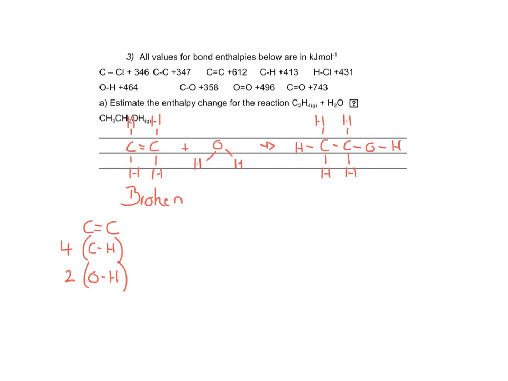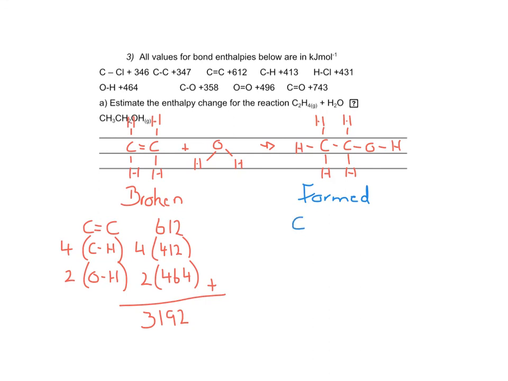So we will have our carbon-carbon, 612, 4 times our 412, and 2 times our 464. Now that gives a total value then for the bonds broken of 3,192.